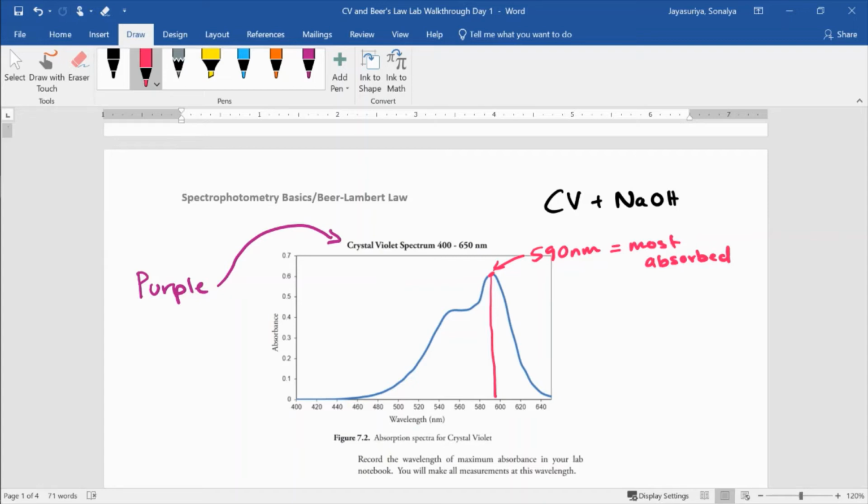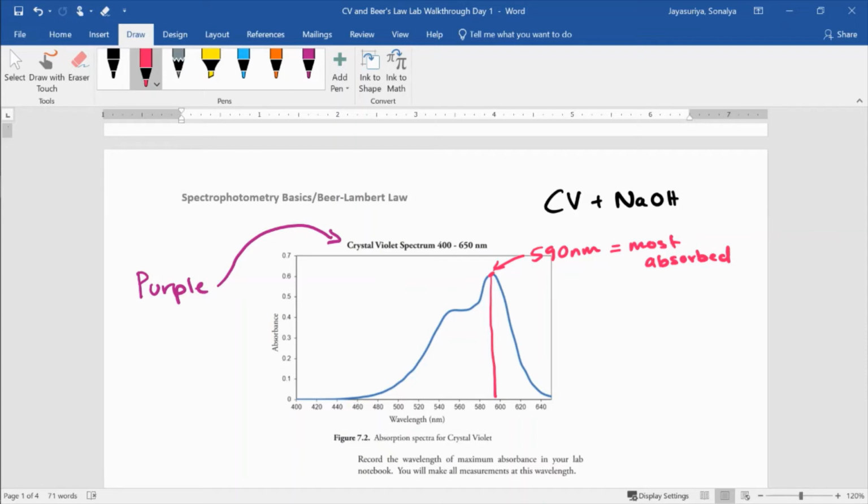We want all of those wavelengths of light to get filtered out. So in order to get the best results, we use the peak absorbance and we filter out all of the other wavelengths of light that can pass through and give us wrong readings in terms of percent transmittance.